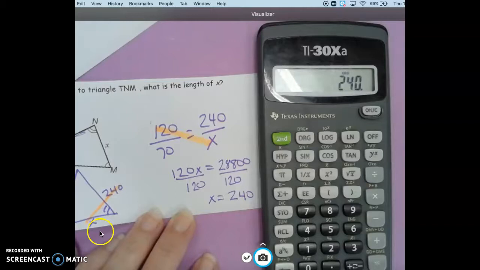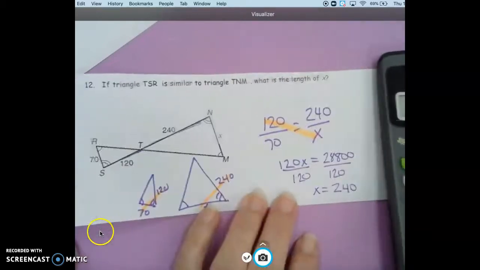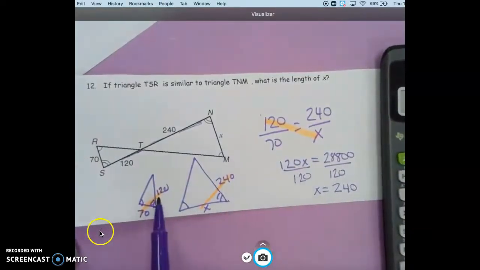Now when I get that, something just doesn't seem right to me when I look at that. Because if I think about it, the scale factor is 2. Some of you may have already recognized that if I say 120 times 2, I'm going to get 240. So then 70 times 2 should give me 140. And I came up with 240. So I must have done something wrong.